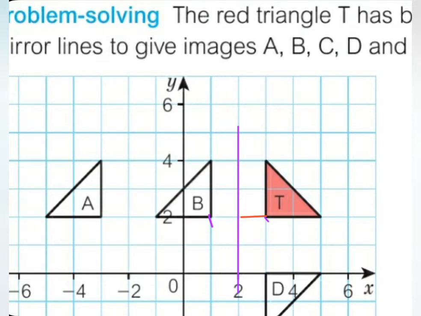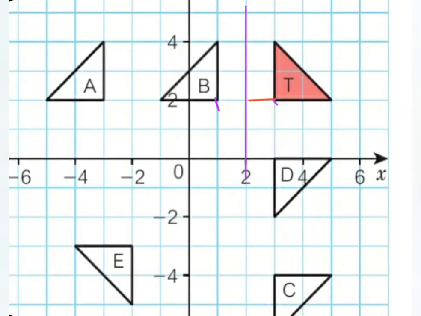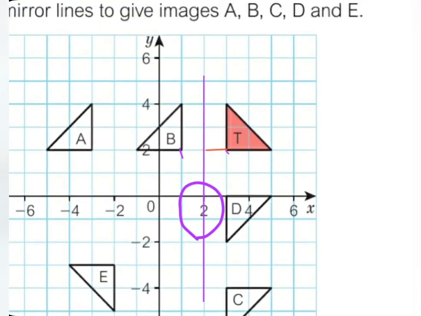Now, after finding the line, we have to describe it. This line here, as we said, is the mirror line. This line here goes on the x-axis here. It's always on what? Very good. It's always on the 2. So, this line is going to be x. And the y, does it change in this line?